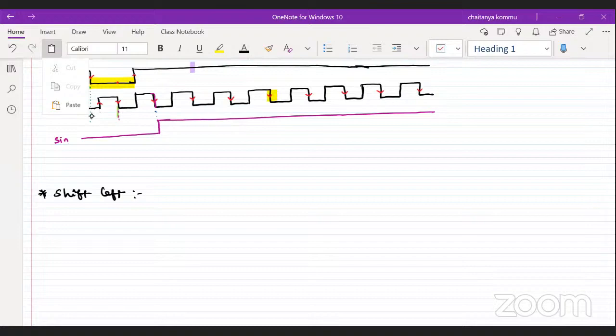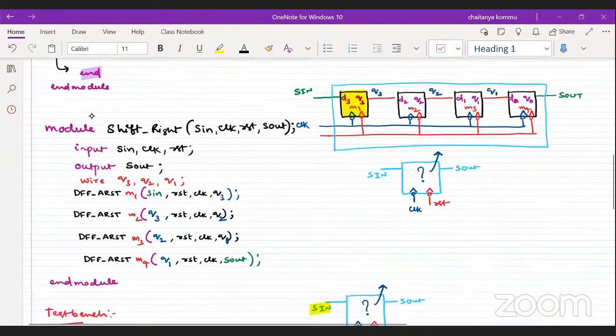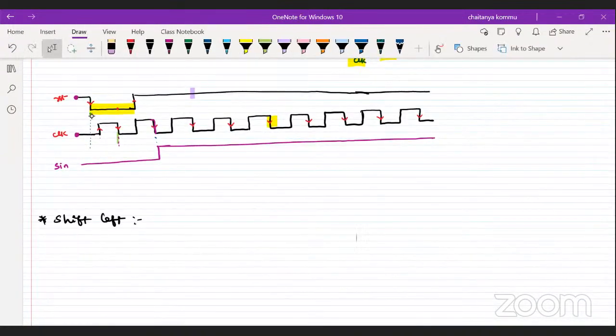Before going to the shift left operation, first of all, let me write the behavioral modeling for this one. Okay, so it's a good idea for that. Then shift right using behavioral modeling.